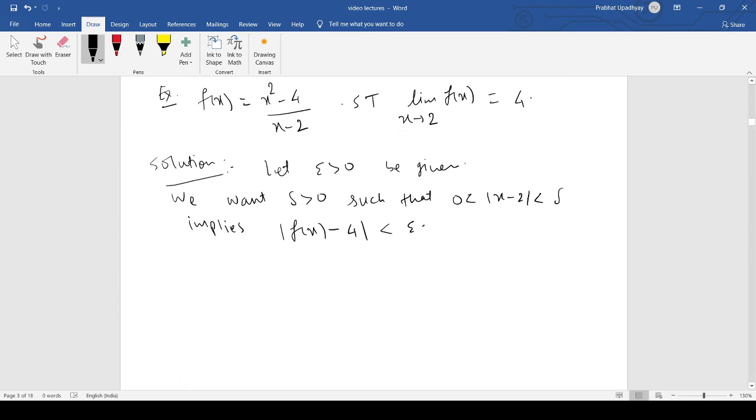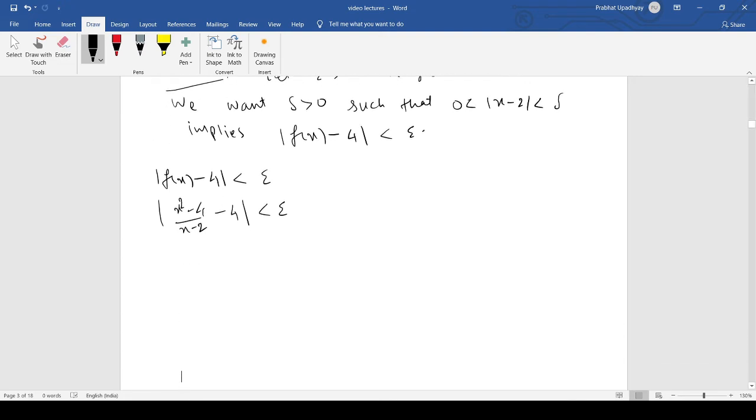Now again we will try to analyze our term mod f of x minus 4. So we want to choose delta such that mod f of x minus 4 is less than epsilon. Now our f of x is x square minus 4 upon x minus 2, minus 4 less than epsilon. Now what you can do, you can make the denominator same.